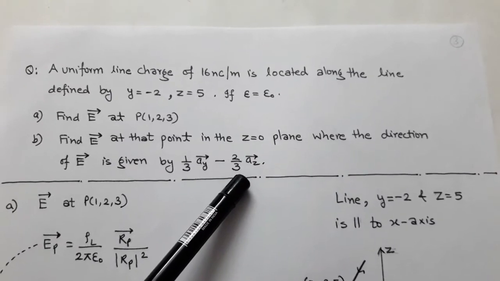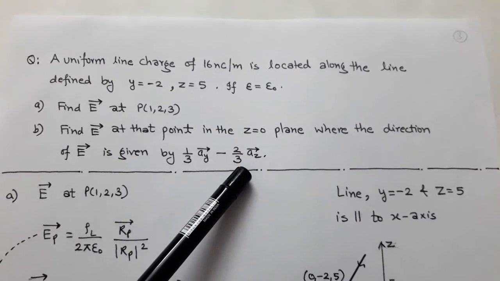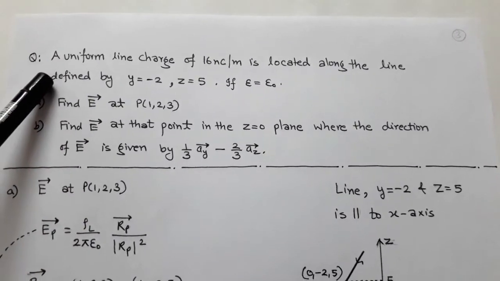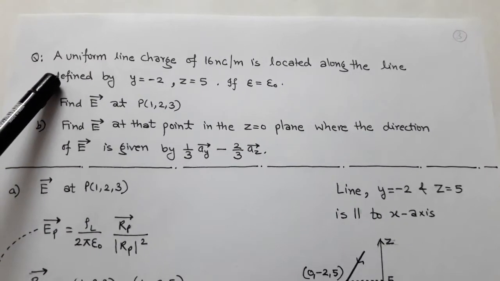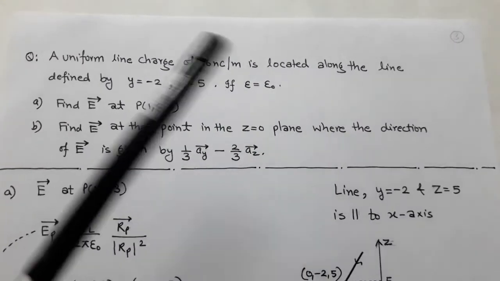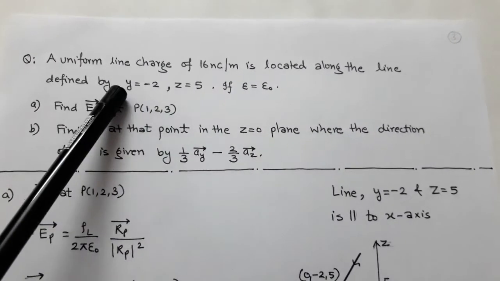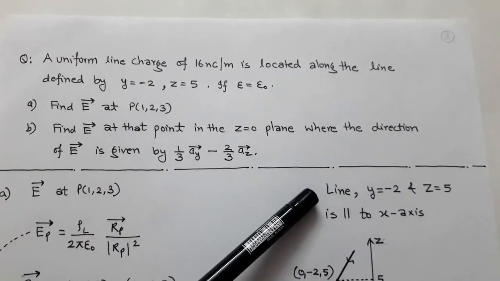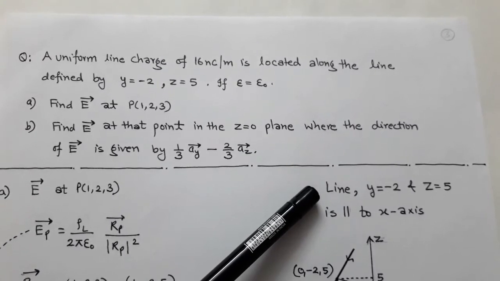So from the question, a uniform charge is given having line charge density rho L equals 16 nanocoulomb per meter. That line charge is located along the line defined by y equals minus 2 and z equals 5.